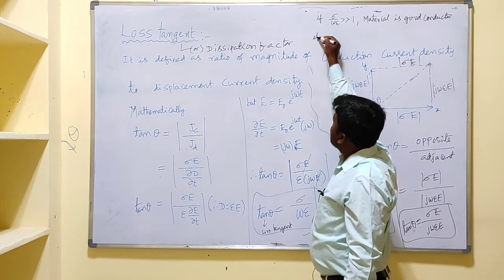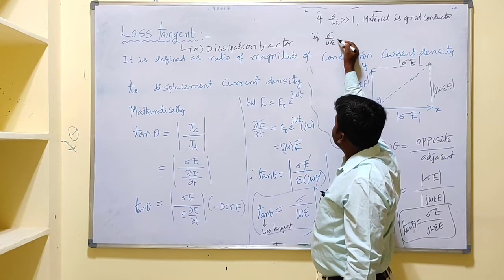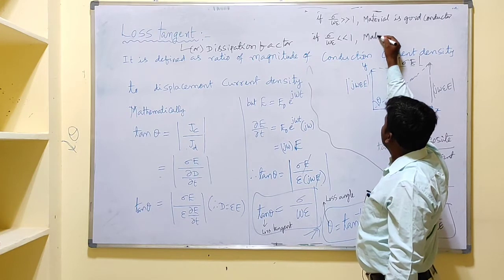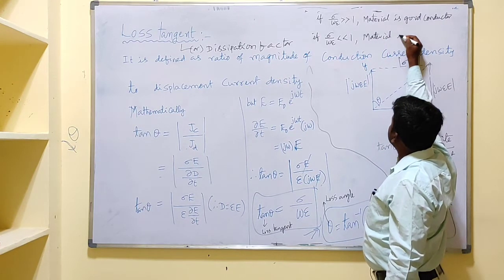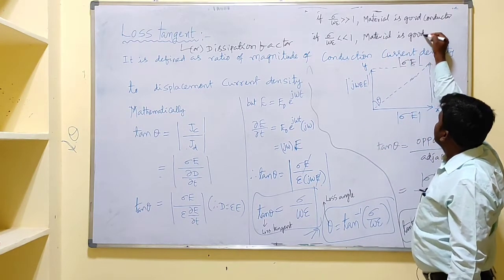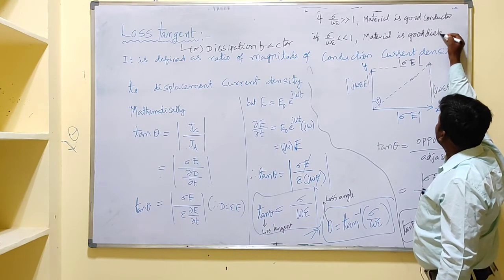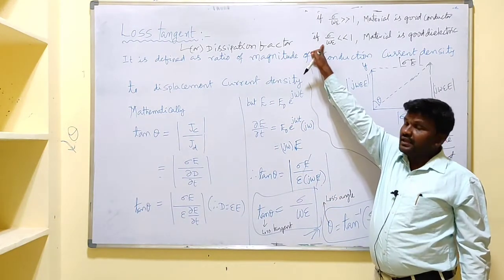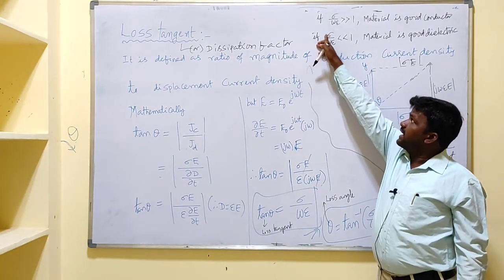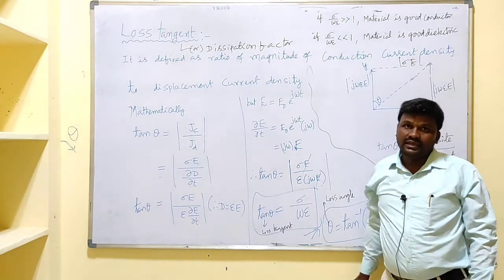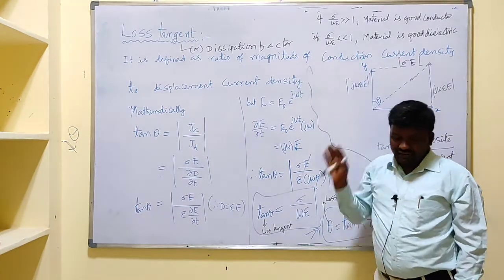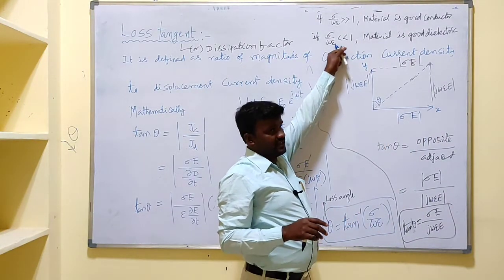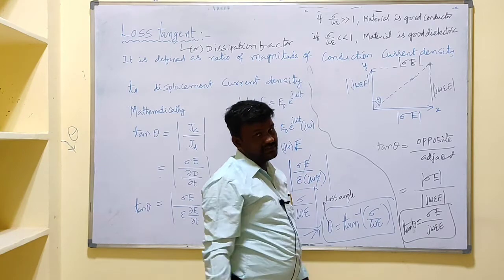And if sigma by omega epsilon is less than 1, the material is a good dielectric. If you know the operating frequency, and the conductivity and permittivity of the material, then we can decide whether the given material is a good dielectric or a good conductor based on this ratio, sigma by omega epsilon.